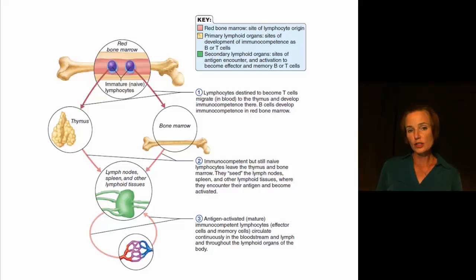They're going to travel to the thymus in the blood, and once they're in the thymus, they will achieve their immunocompetence. Once this has happened, they're going to leave the thymus, and then they're going to encounter their specific antigen at some point. Once they encounter their specific antigen, they will become activated, and after that, they are going to circulate in the bloodstream.